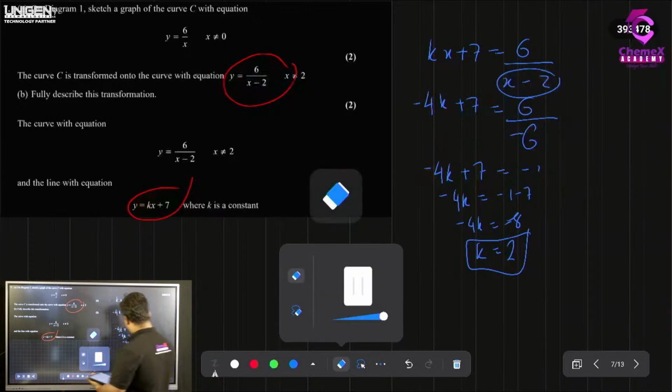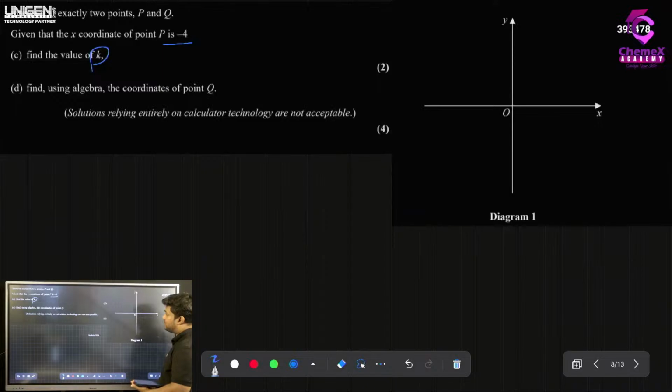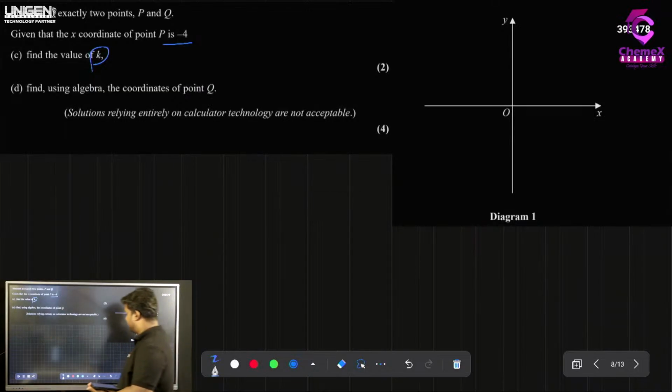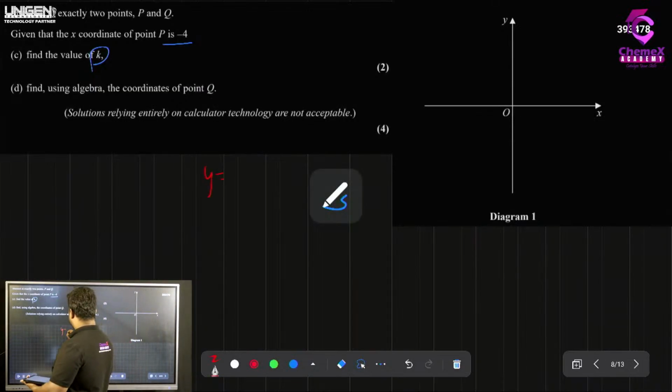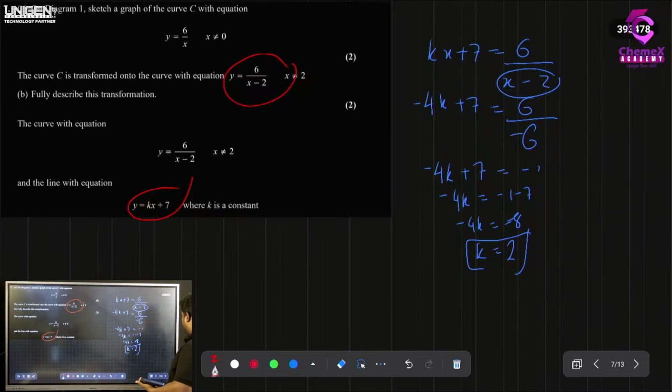Now we know what k is. Since we know k, let's move on to the next page. So y equals 2x plus 7 is the equation. Y equals 2x plus 7. And the other equation is y equals 6 over x minus 2.